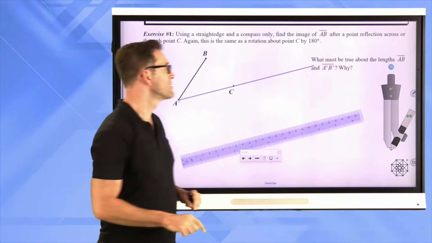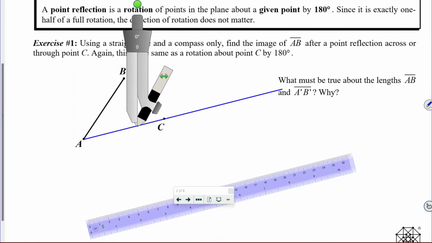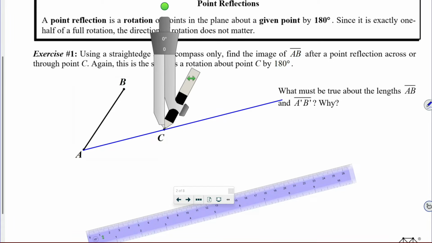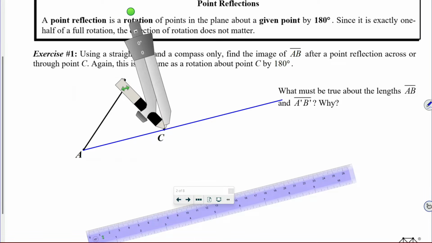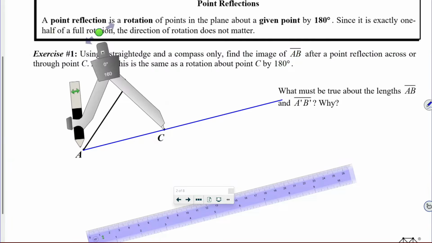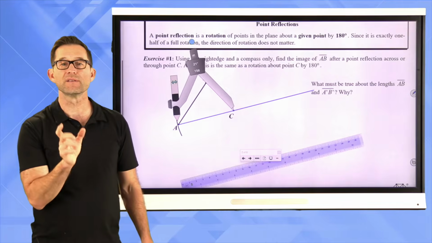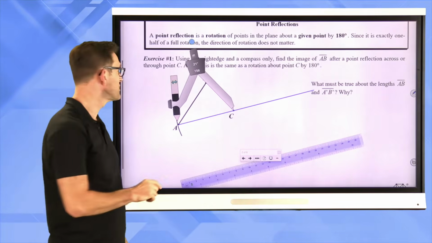What I'm going to do is take my compass out and put the point of the compass at point C. All right, and I'm going to extend the compass out so that it gets to point A, and then I'm going to put the point of the compass back on C. I want to get that exactly, or as close as I can, to point A. And then I'm going to make a little arc. Now I can make a larger arc, but all I'm really trying to do is measure the distance from C to A using my compass.